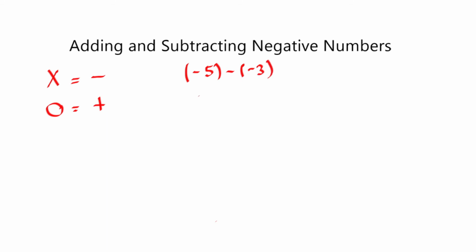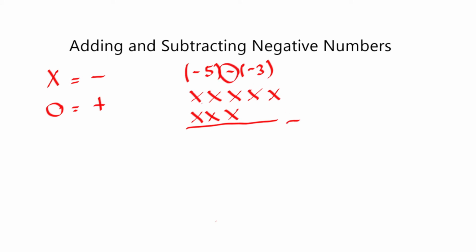Okay, so now we have to represent 5 negative counters and 3 negative counters. So we have 1, 2, 3, 4, 5, and 1, 2, 3, and the operation in between them, it's minus.